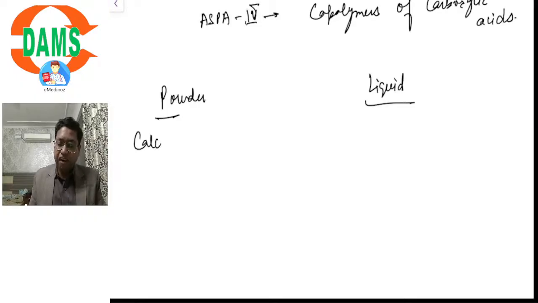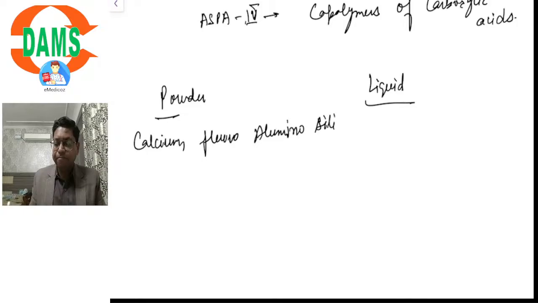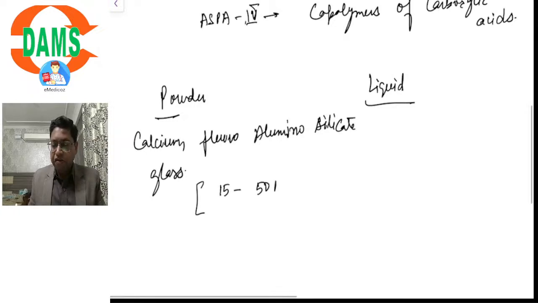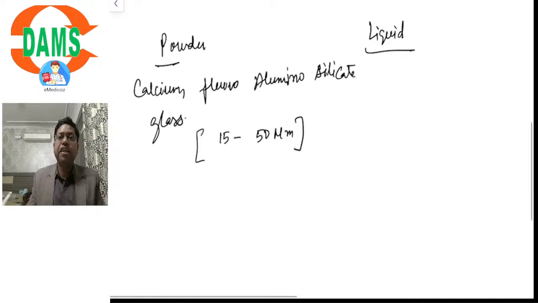It is a mixture of calcium fluoro alumino silicate glass, meaning various oxides of calcium, calcium fluoride, aluminium oxide, silica, etc. These powder particles are in the range of 15 to 50 microns.